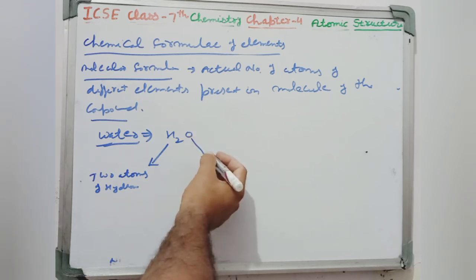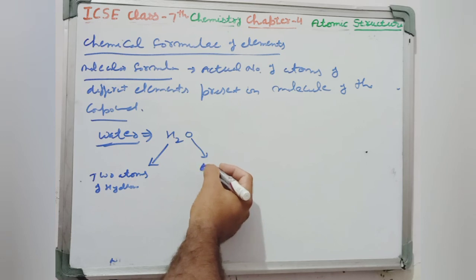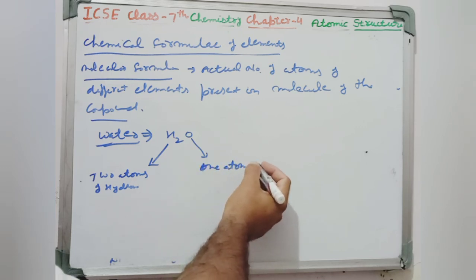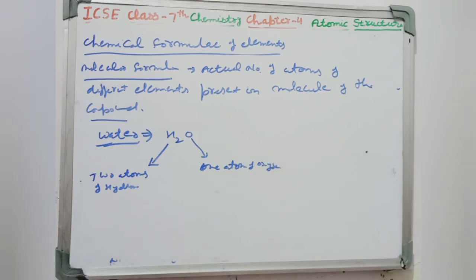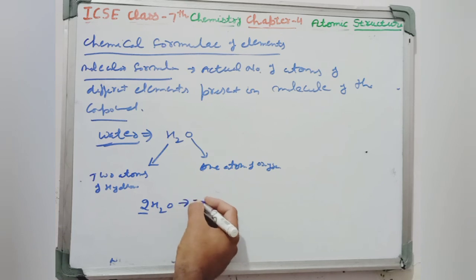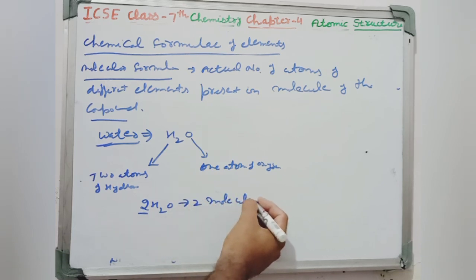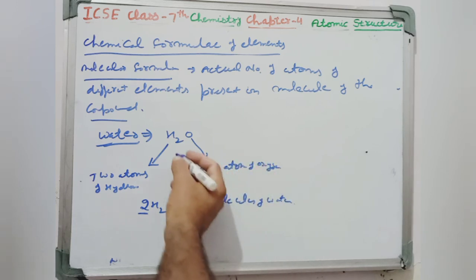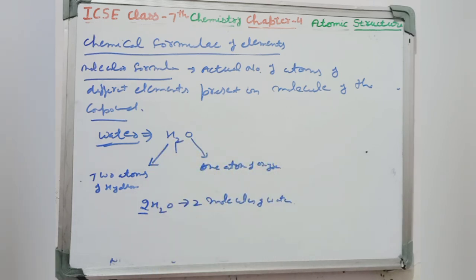O means 1 atom of oxygen, right? The number in front of a formula shows the number of molecules. So if I write 2H2O, this number means 2 molecules of water, right? This number shows atoms, this number shows molecules.